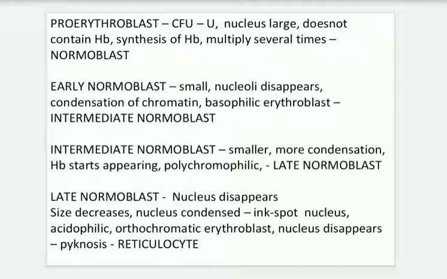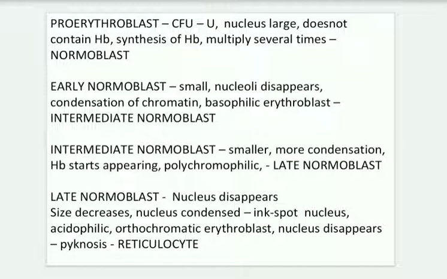The cytoplasm becomes acidophilic, so it is called orthochromatic erythroblast. The process by which the nucleus disappears is called pycnosis. Remember the word pycnosis. And this develops into reticulocyte.